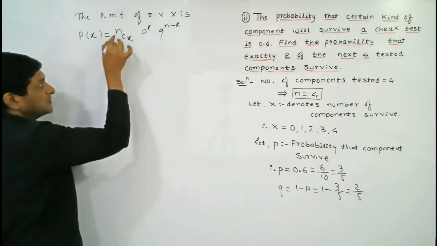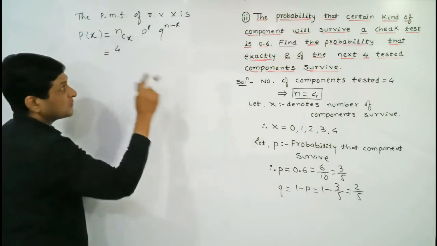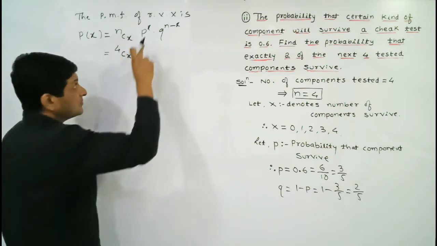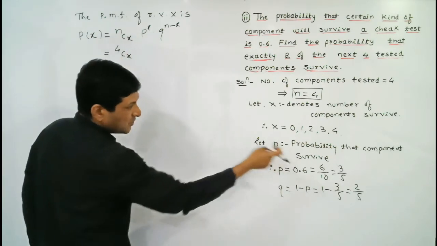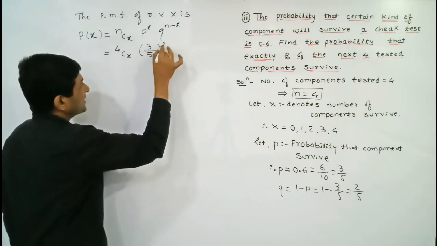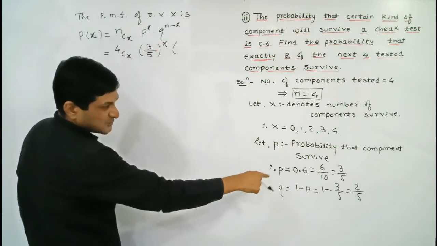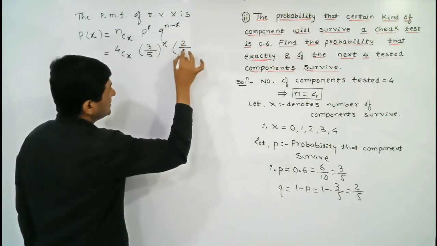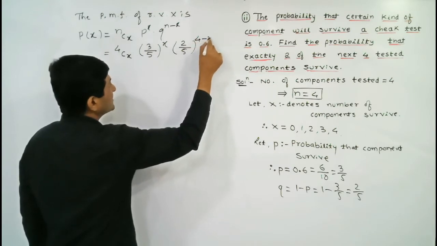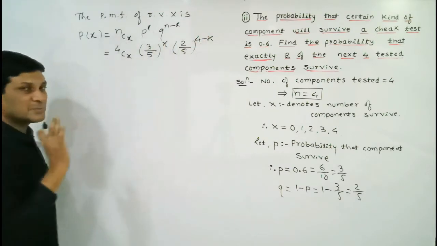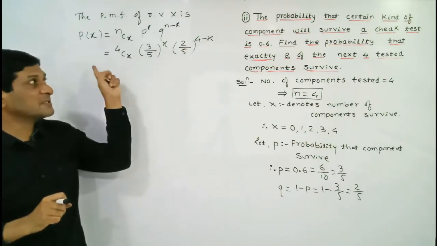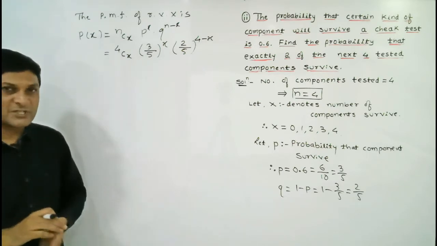Which is equal to nCx where n is 4, the number of components, and x is our required value. The value of p we have just got is 3 by 5, so 3 by 5 raised to power x, and q is 2 by 5, so 2 by 5 raised to power n minus x, but n is equal to 4, so 4 minus x. Now the only remaining part is to substitute the value of x. Here nothing is there to simplify, so keep this expression as it is.